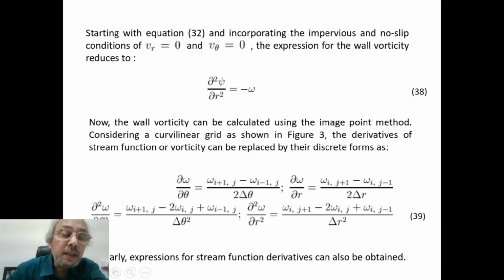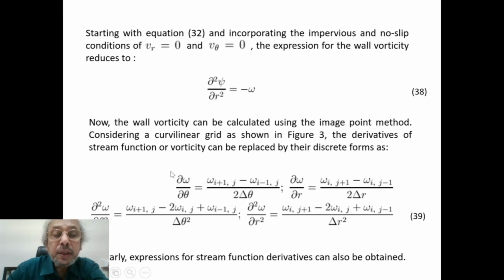Del 2 omega del theta 2, similarly central difference: omega i plus 1 j minus twice omega i j plus omega i minus 1 j by delta theta square. Del 2 omega del r2 is basically omega i j plus 1 minus twice omega i j plus omega i j minus 1, simple central difference divided by delta r square.